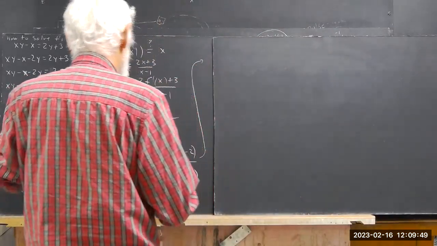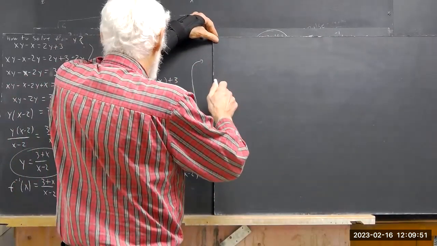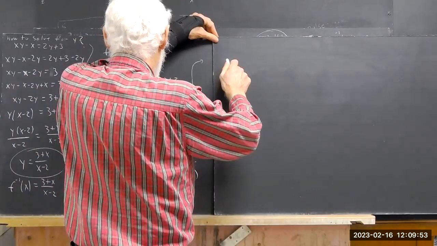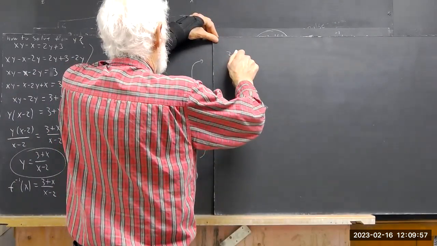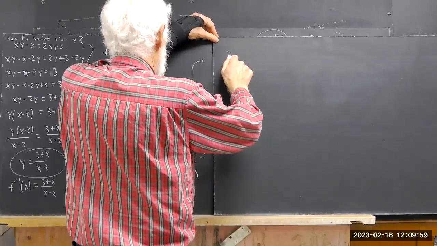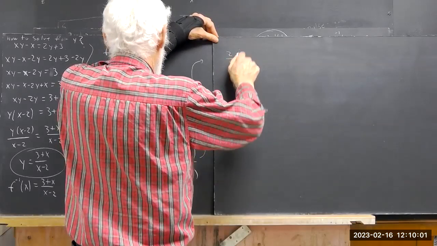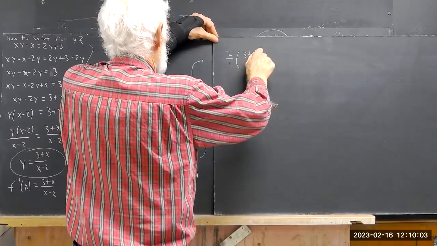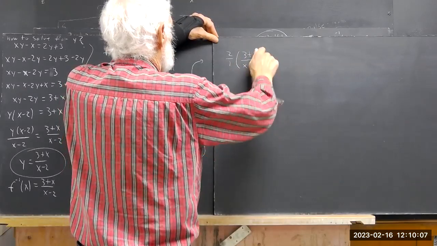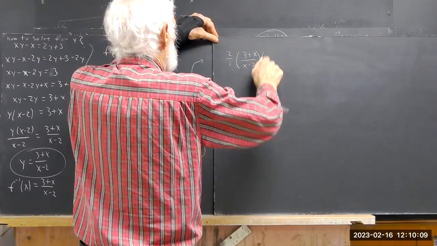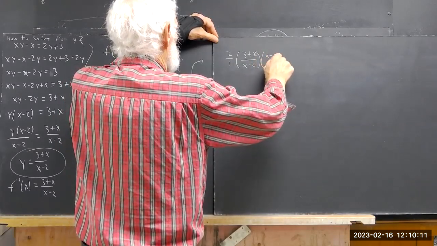Bring this up here. This is going to equal 2. I'll write it out, 2 over 1 times 3 plus x over x minus 2 multiplied by x minus 2.